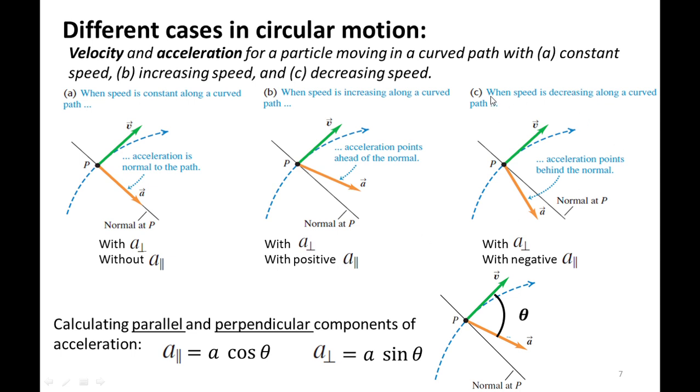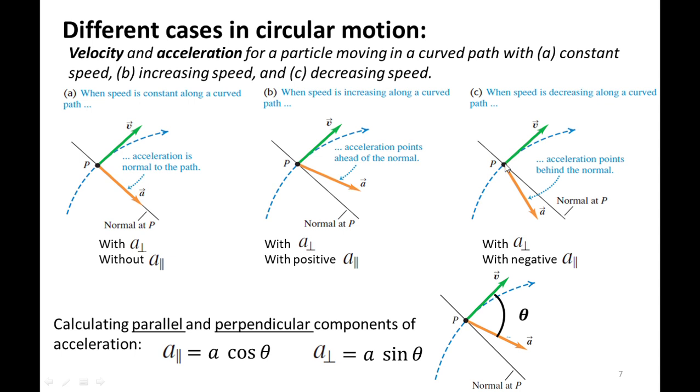Now, how about case C? So case C is when the speed is decreasing along the curved path. In other words, the object is still moving in the circular path, but its velocity is decreasing, so it's slowing down. So in this case, we still have, of course, the perpendicular acceleration, but the parallel acceleration must be negative, because again, your speed here is decreasing.